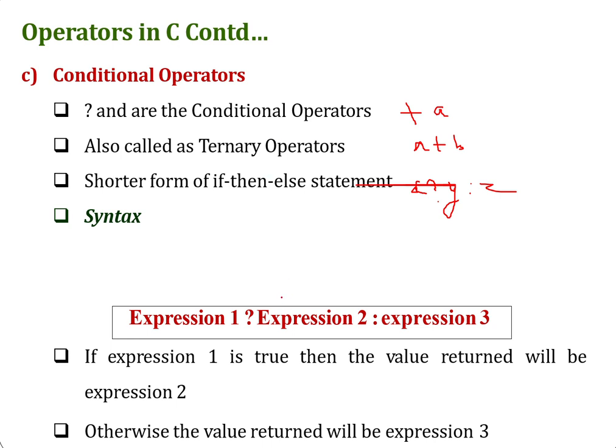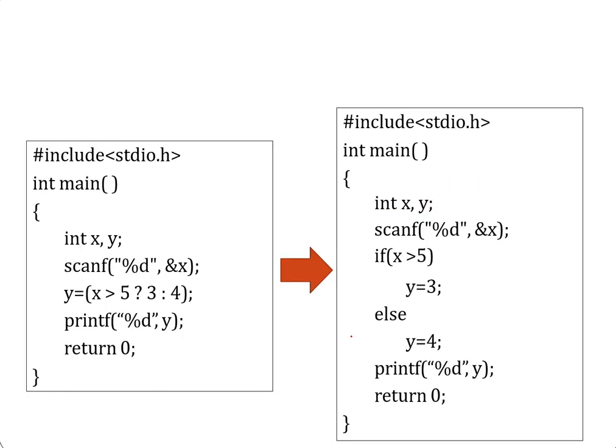If expression 1 is true, then the value it returns will be expression 2. And if expression 1 is false, it is going to take expression 3. Now get the value of x using scanf, and you're going to check y is equal to x greater than 5.